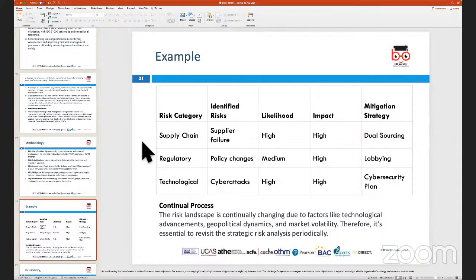So when we look at the risk categories that the company would need to look at from a dynamic capabilities framework, they might look at external factors like supply chain. They might look at external factors which are regulatory or legislative. They might look at external factors which are technological.